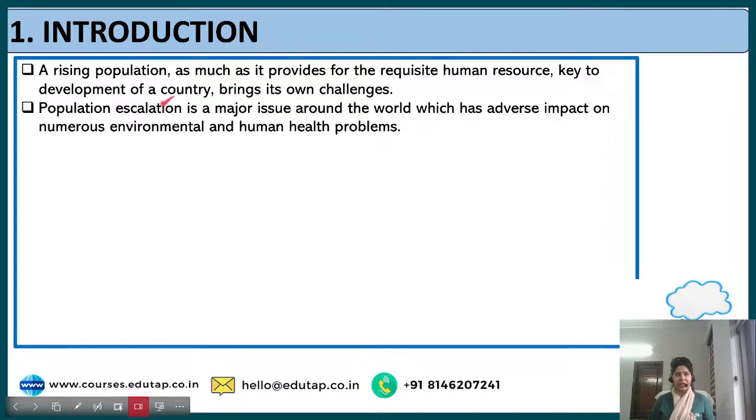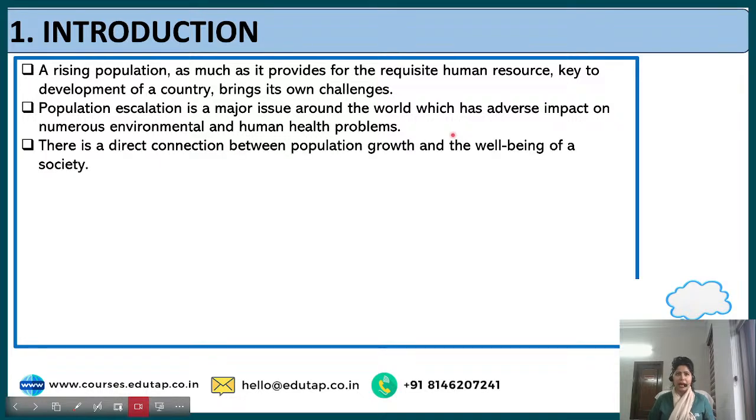So population escalation, we're just highlighting that it is a problem. Population escalation or overpopulation is a major issue around the world which has adverse impact on numerous environmental and human health problems. Now slowly bring the context to India, and just after highlighting what problems overpopulation poses, bring the context back to India. So there is a direct connection between population growth and the well-being of a society.